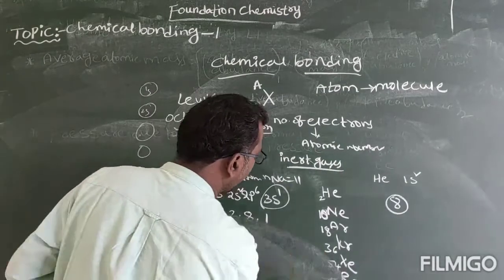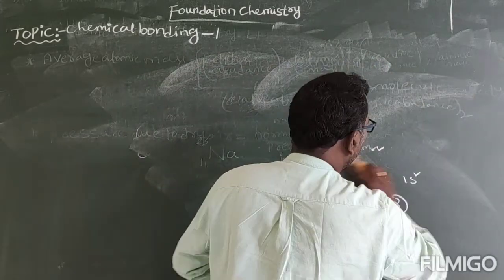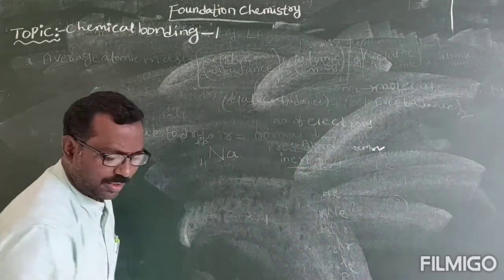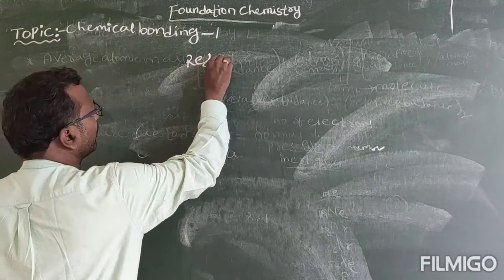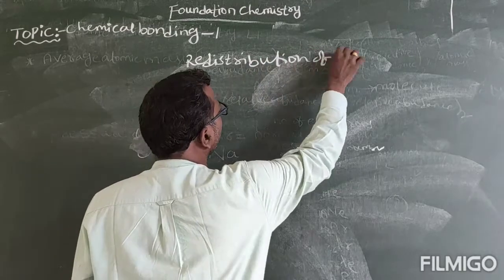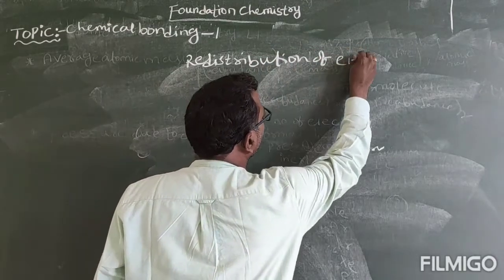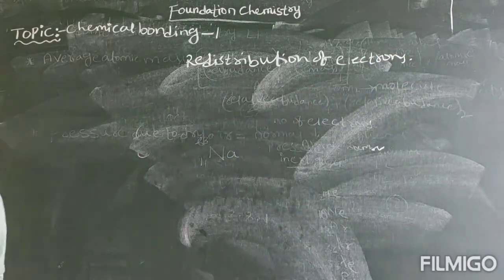The redistribution of electrons will result in a chemical bond.